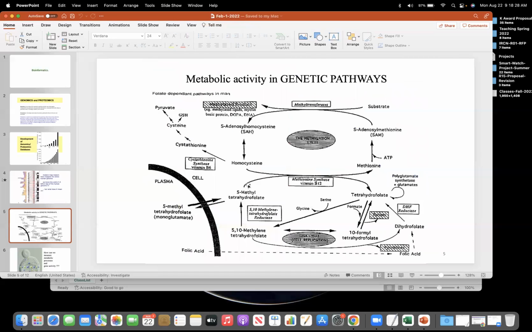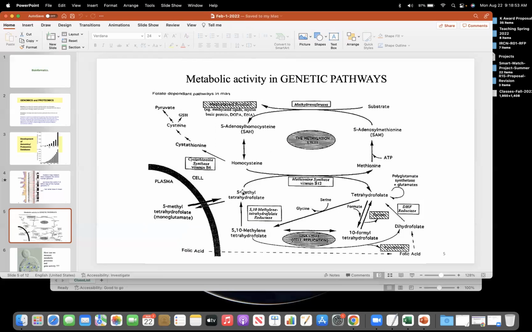So the next slide here is just an example of a metabolic activity or a pathway, right? You must have come across some of these figures which depict the cell structure, right? So you have the cell, and then you have the plasma membrane, and then a cytoplasm and then the nucleus.